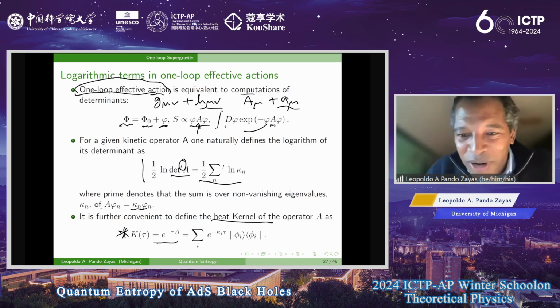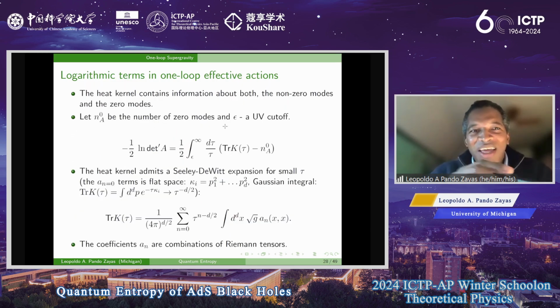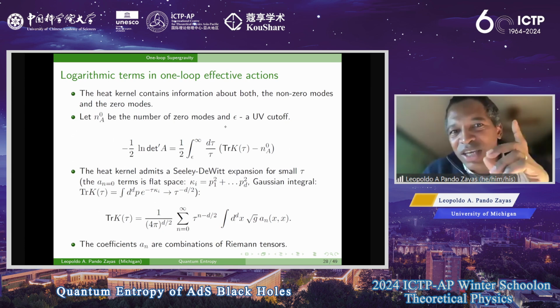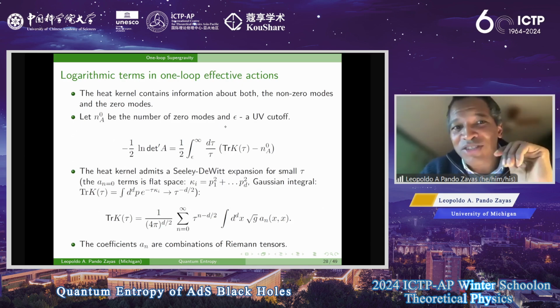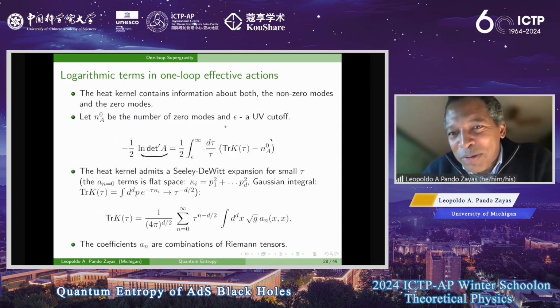It's sort of a formal construction, but it's very useful because it adapts very nicely to curved space-time. Now the heat kernel has a slight deficiency, and that is that it has information about the non-zero modes, the prime part of the sum that I like, but it also contains zero modes.